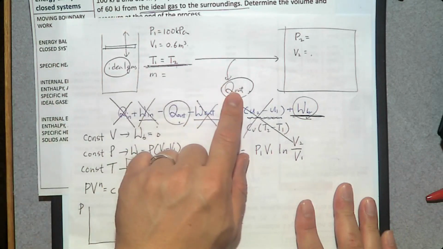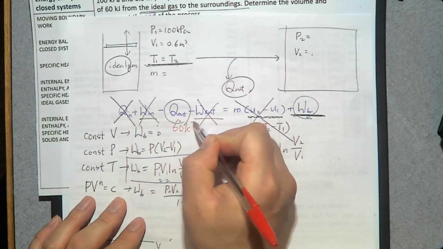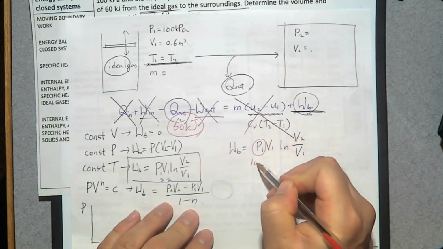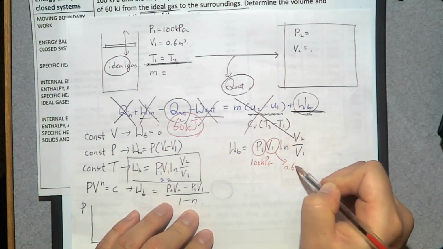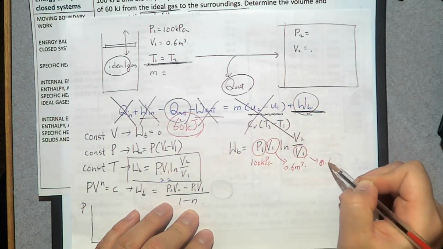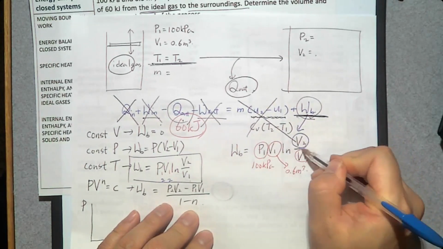So Q out is 60 kilojoules. What is P1? 100 kilopascals. V1 is 0.6 cubic meters. So we have only one unknown in this equation, which is V2.